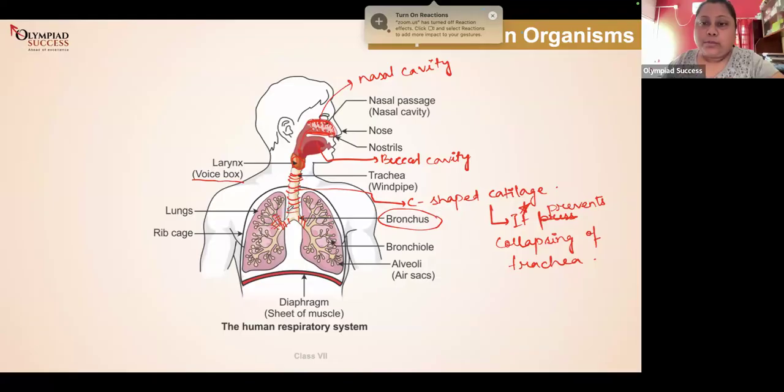Bronchioles further extend into sac-like or balloon-like structures called alveoli. Alveoli are the site of gas exchange.